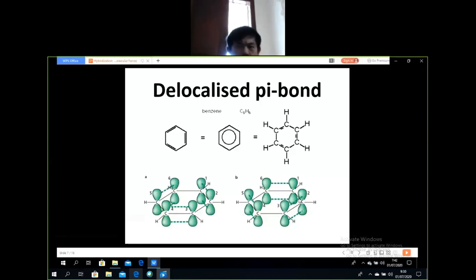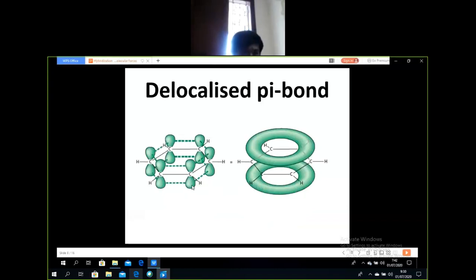They are the same. How to determine 1, 2, 3, 4, 5, 6? 1 can start from anywhere. That's why the double bond can be placed in any position within the structure. This is what is meant by delocalized. The double bond can move around.